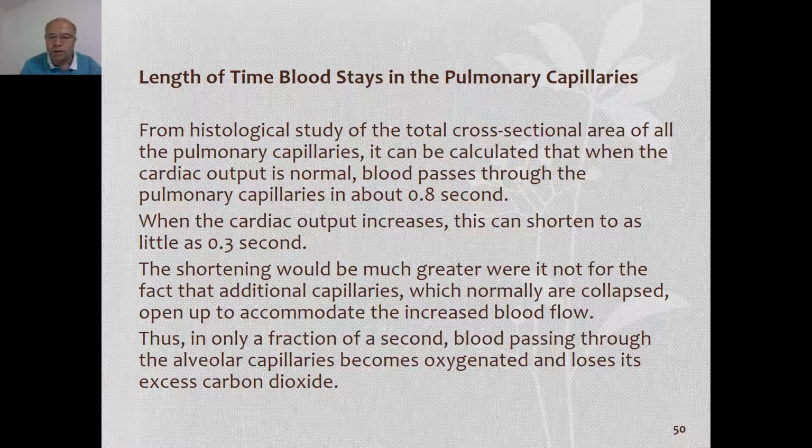The shortening would be much greater were it not for the fact that additional capillaries, which normally are collapsed, open up to accommodate the increased blood flow. Thus, in only a fraction of a second, blood passing through the alveolar capillaries becomes oxygenated and loses its excess carbon dioxide.